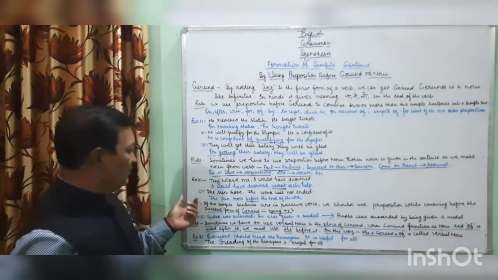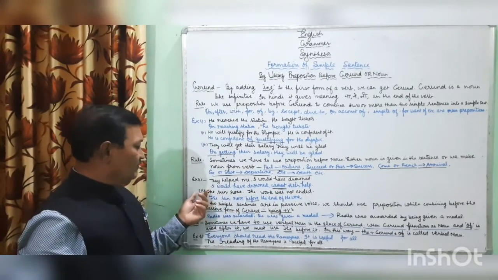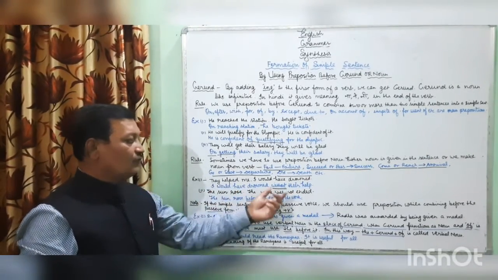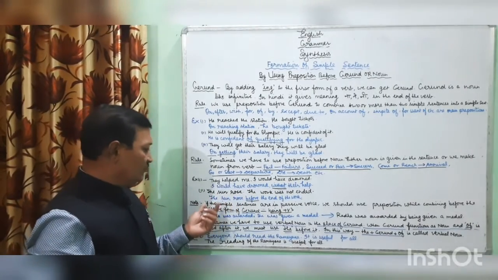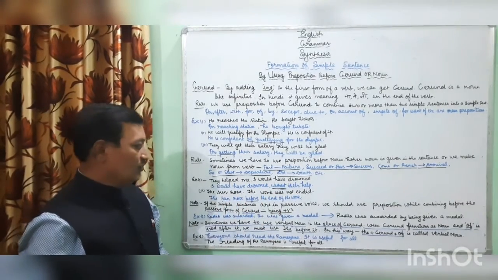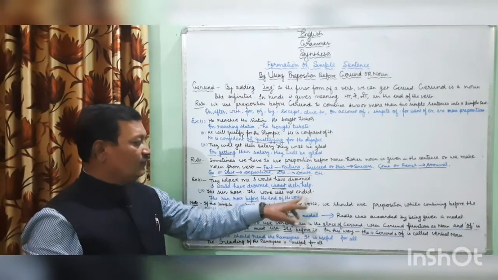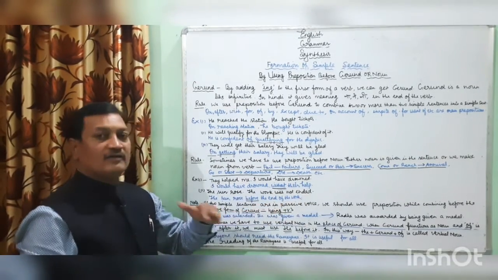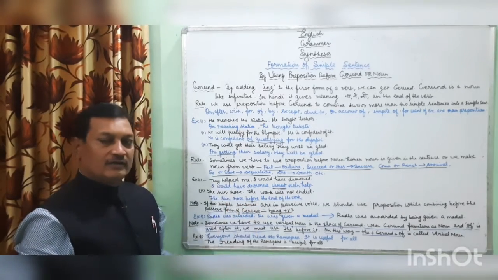Let's see here second example. The sun rose, the work was not ended. Let's combine these two sentences. The sun rose before the end of the work. Students, ended is verb, we have changed ended into end as noun, and I have used before the preposition.